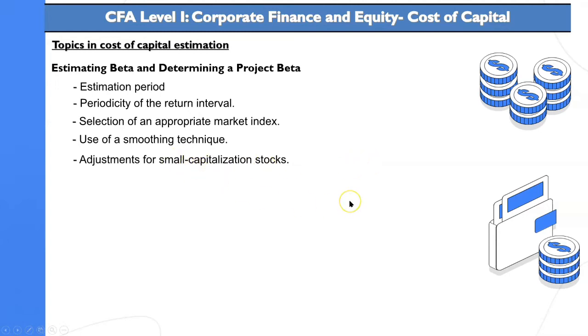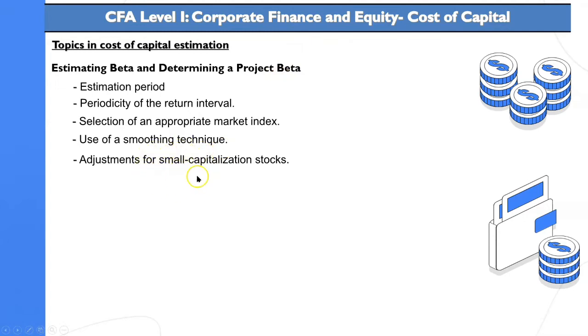Also, for small capitalization stocks, there is a strange phenomenon discovered by Professor Eugene Fama. He's a Nobel Prize winner. He called it the small capitalization effect. That is, beta normally doesn't work well with small companies.